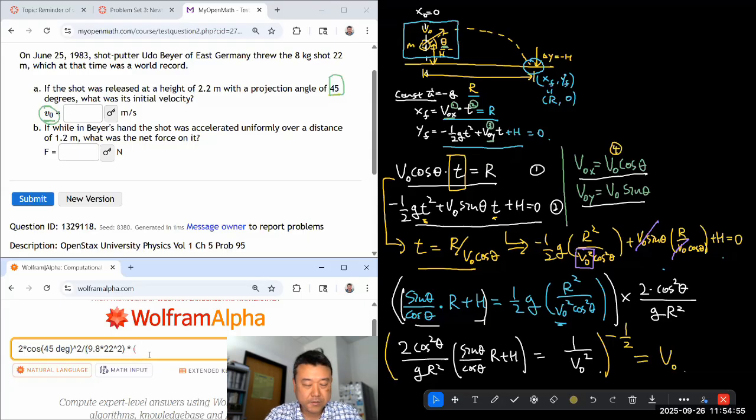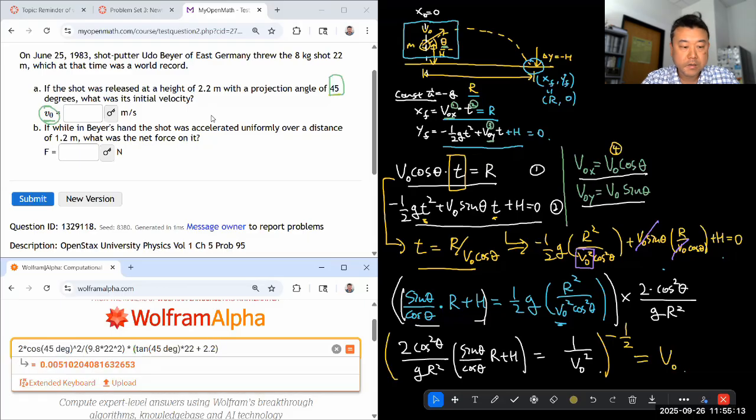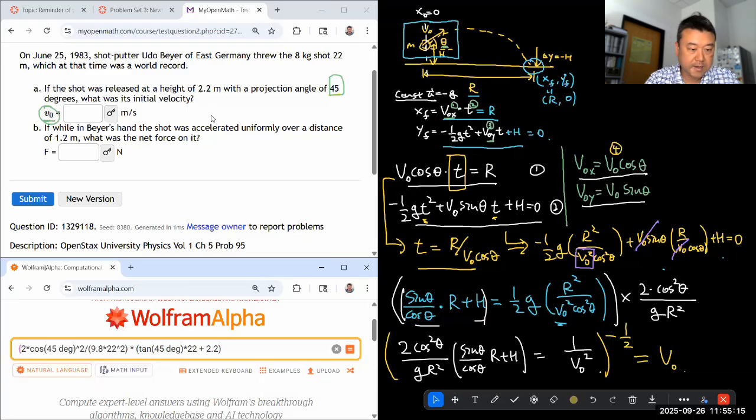Sine theta over cosine theta, let me enter that as tangent of 45 degrees, which will be 1, times r, 22 meters, plus h, 2.2. That's the 2.2 meters here. So that's the number on the left hand side.